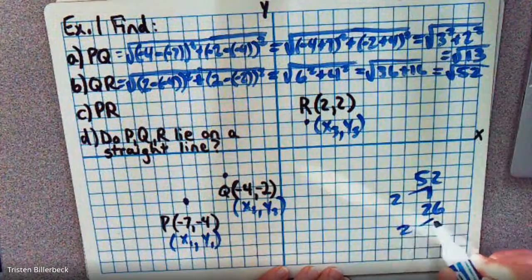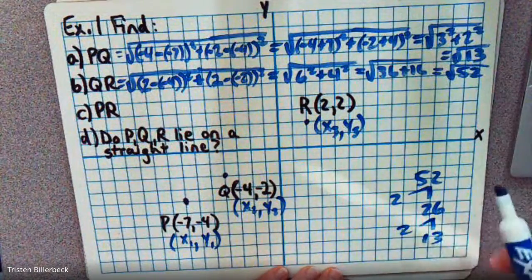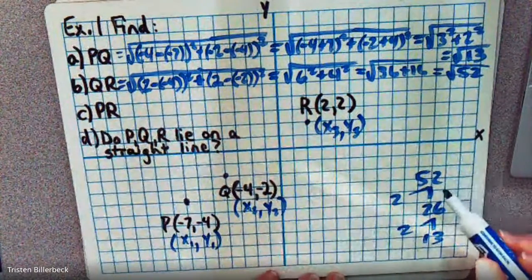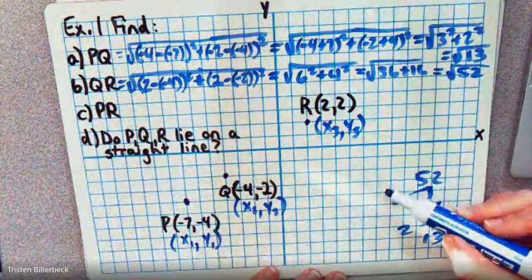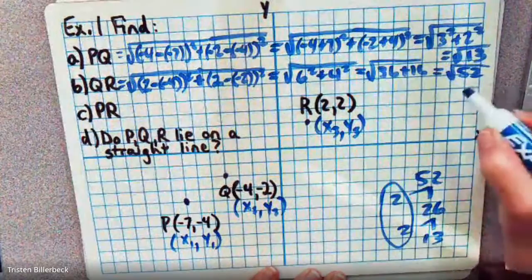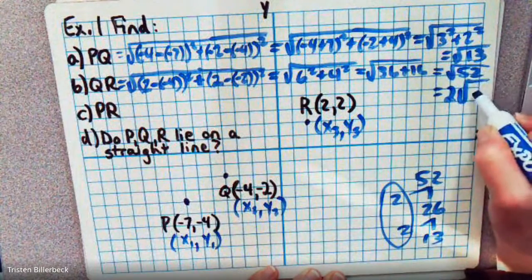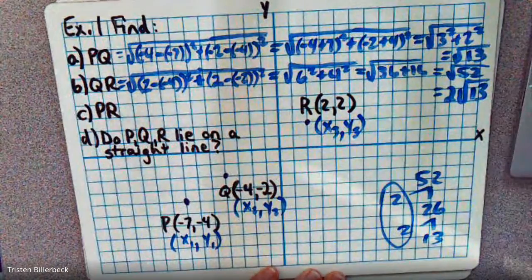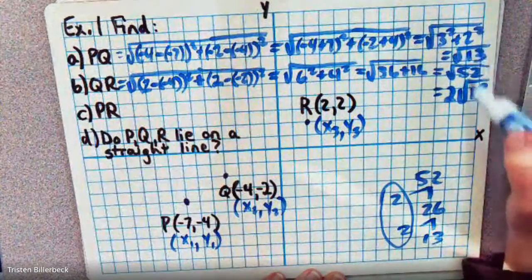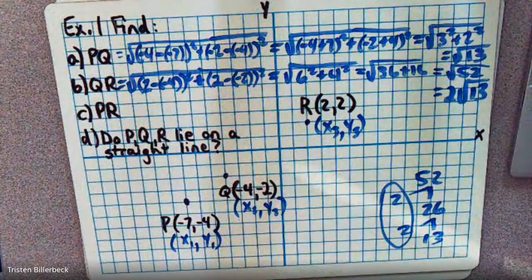So, there is a little bit of something I can take out of that one. So it has a pair. So the square root of 52 can be reduced to 2 square root of 13. So they're both square root of 13. There is a pattern here.